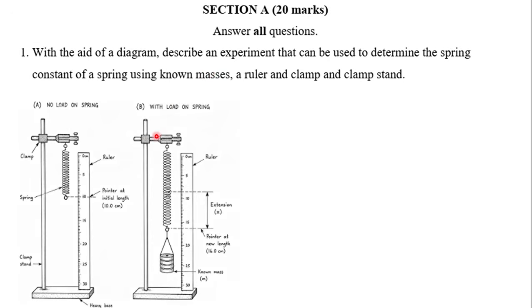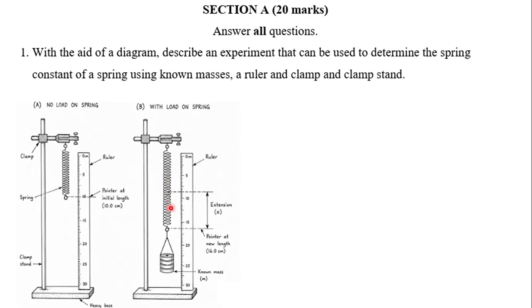So the diagram that is sought after, remember that drawing a correct diagram, before you label it, is 1 mark. So we have a spring, and we have a ruler just beside it. Before the spring is loaded, in other words, before a mass is put there, this will give you the original length measured from the ruler. Original length can be determined before you put any mass there.